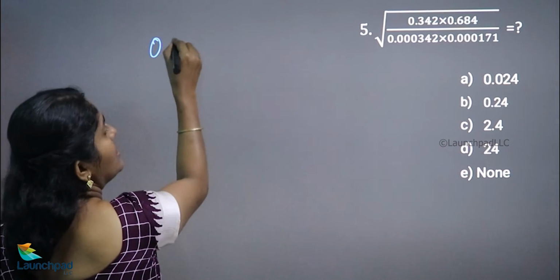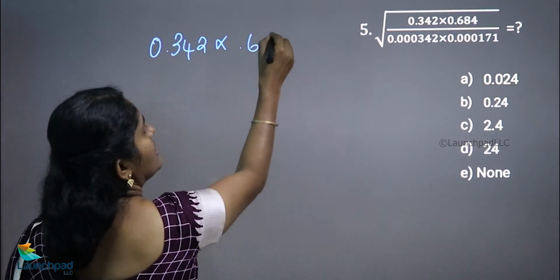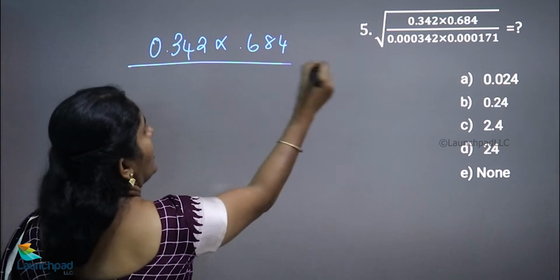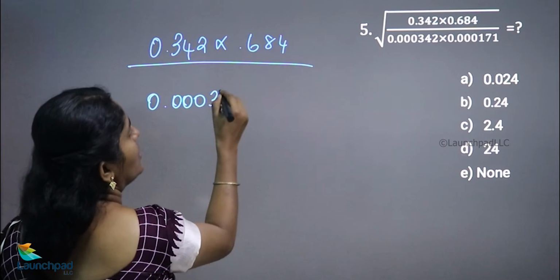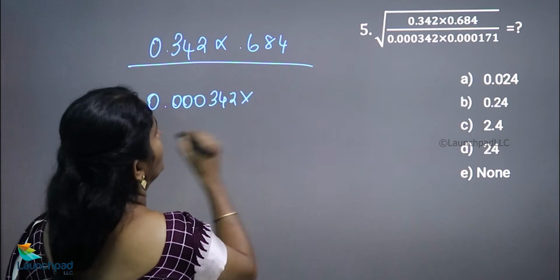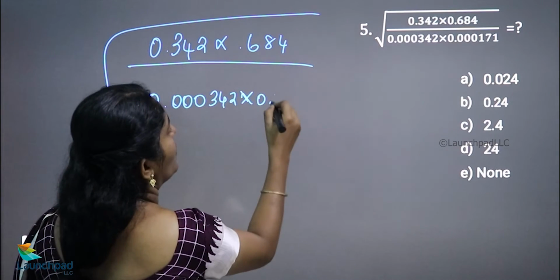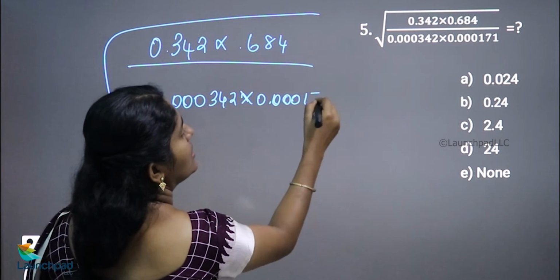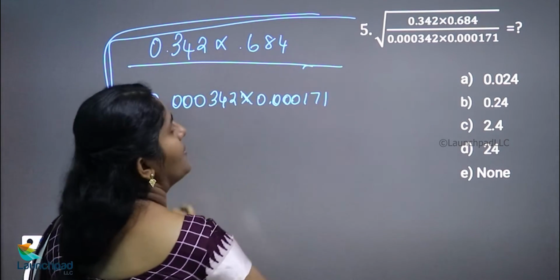So your question is 0.342 into 0.684 divided by 0.000342 into 0.000171, the whole square root.